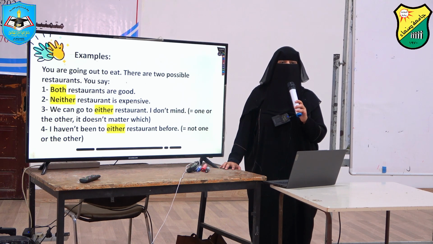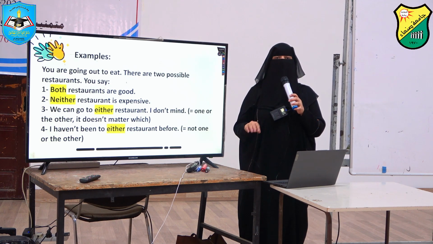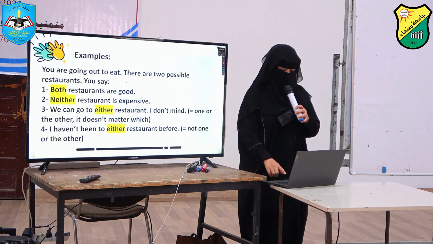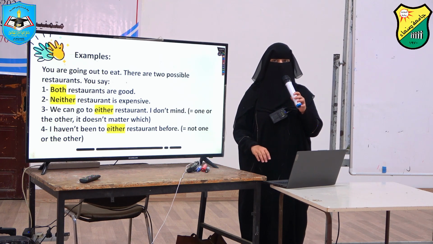Neither ما معنى neither بالعربي؟ ولا واحد منهم. اوكي neither restaurant is expensive، ولا واحد منهم غالي. طيب لما اقول we can go to either restaurant، اي واحد فيهم اي مطعم. اوكي neither معناتها ولا، either معناتها اي واحد فيهم للخيار. طيب here you have the first one. I haven't been to either restaurant before. يعني ما قد صرت ولا لأي مطعم منهم.